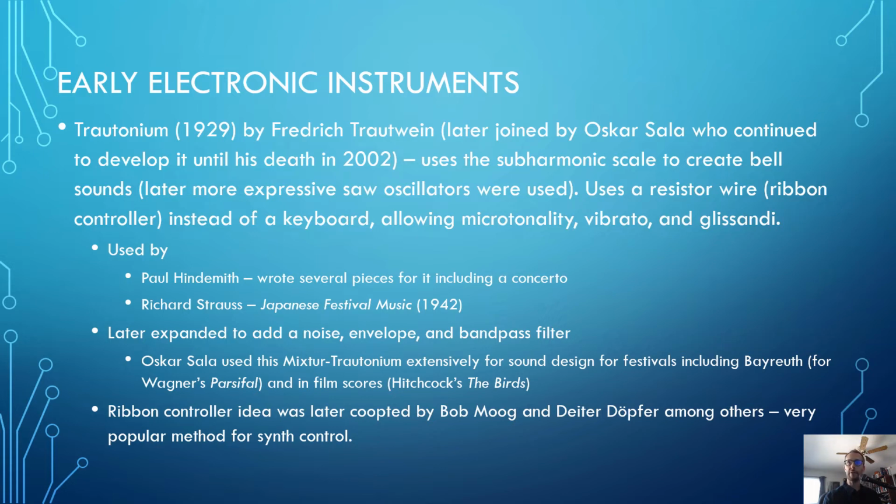It uses a resistor wire, which is effectively a ribbon controller, similar to the ring controller on the Ondes Martenot, instead of a keyboard. Now, this is very interesting because it allows the performer to dip into microtonal scales and play between the notes that you would hear on a standard keyboard instrument or on a fretted instrument like a guitar. It also allowed the performer to use vibrato and to glide between the notes.